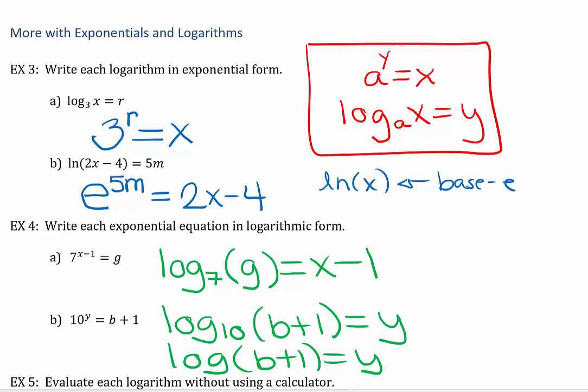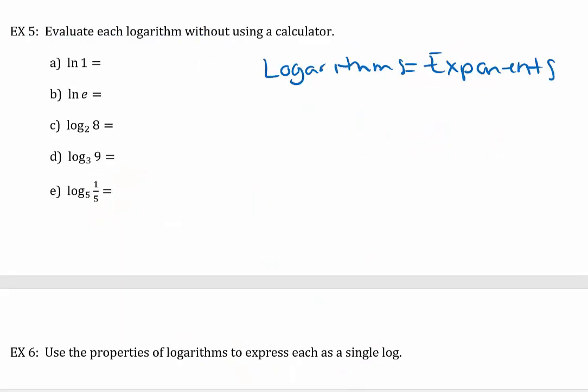All right, let's evaluate some logarithms. And this is where we're going to have to use this idea that logarithms always equal exponents. We're trying to find the exponent. So ln 1 equals something. We don't know what that is.